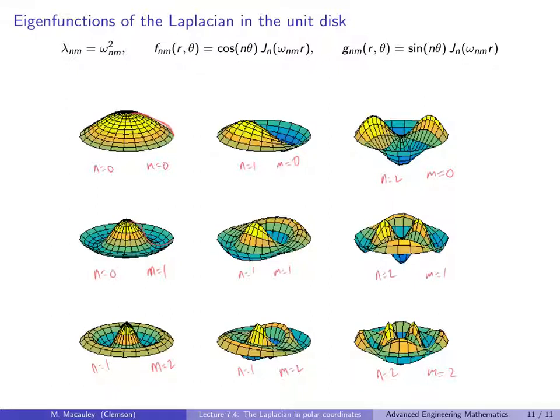So these are the fundamental modes, and every vibrating drum, every wave solution to the wave equation in polar coordinates can be written uniquely as a linear combination of these. Well, at least the initial condition can be written as a linear combination of these, and then as time goes on, that's going to be fluctuating, so we'll have to multiply that by some function of time, which is also going to be a sine and cosine.